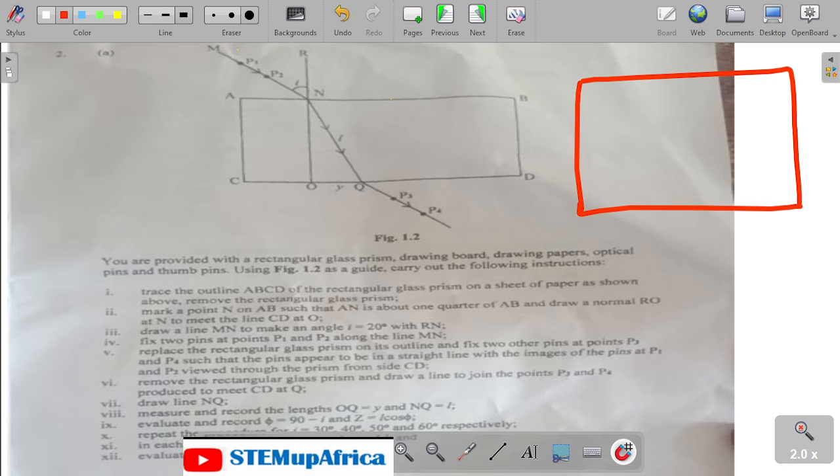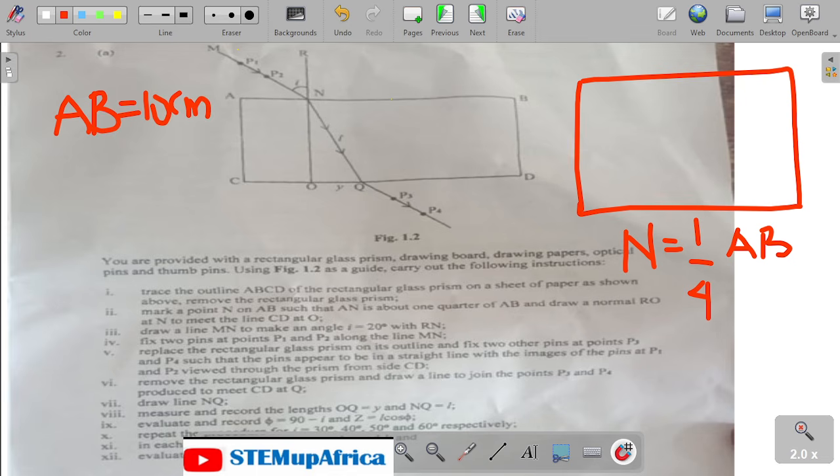So let me just give you some tips. The normal is always 1/4 of AB, the length of AB. I've done the measurements: the length of AB is 10 cm, and the width, which is AC or BD, is 6.4 cm.